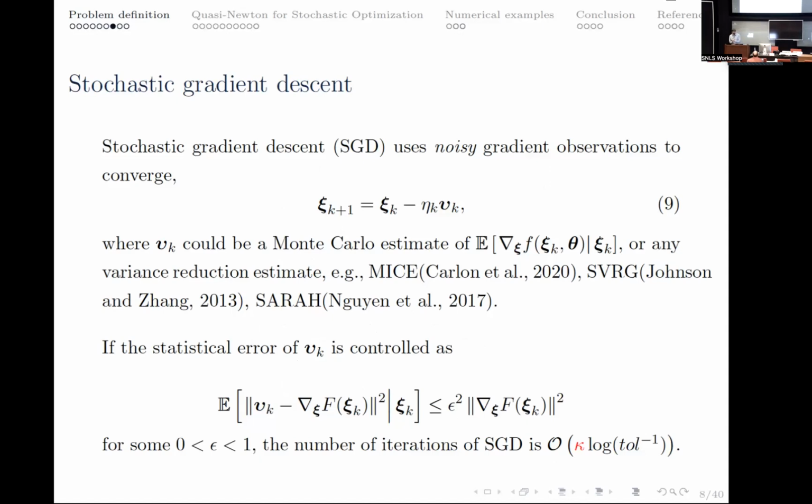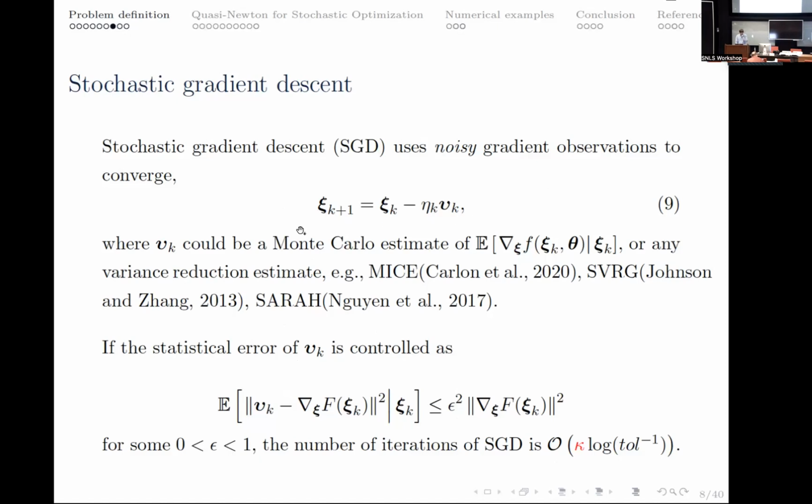Now let's see what we can do in stochastic optimization. Well, the difference between deterministic optimization and stochastic optimization is the kind of data we have here. We cannot assume that we can observe the true gradient, but instead we have some noisy gradient observation denoted here.